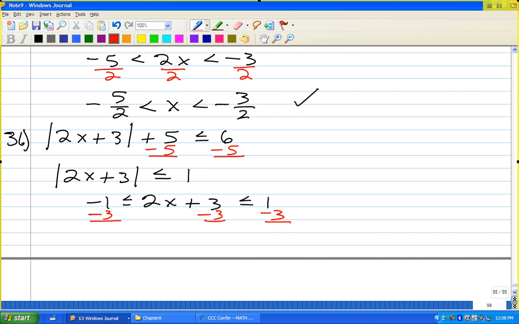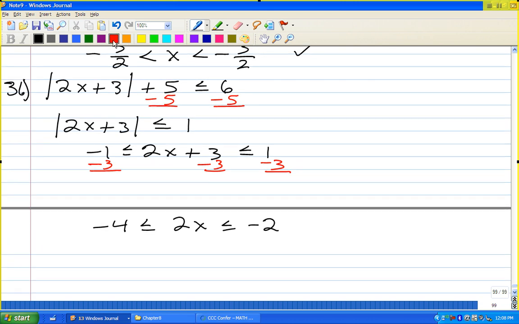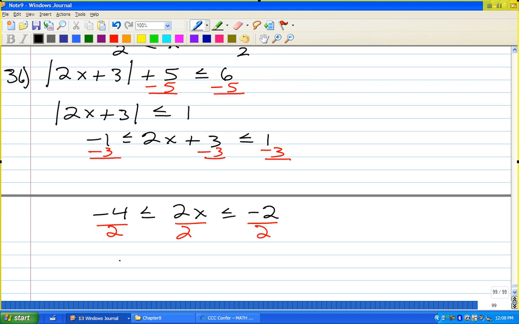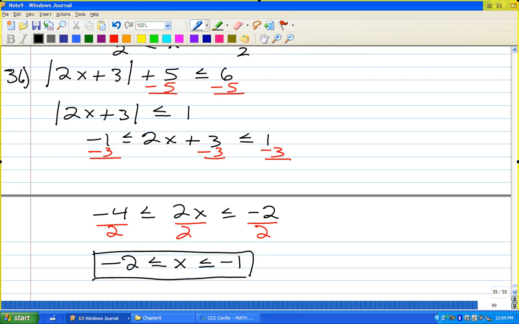And so -3 minus 1 is a -4. The 3's cancel, so I get 2x. 1 minus 3 is a -2. Let me divide all sides of my equation by 2 in order to solve for x in the middle. And so I have -2 is less than or equal to x is less than or equal to -1. And so this is the closed interval from -2 to -1.